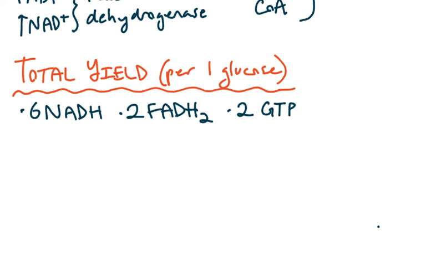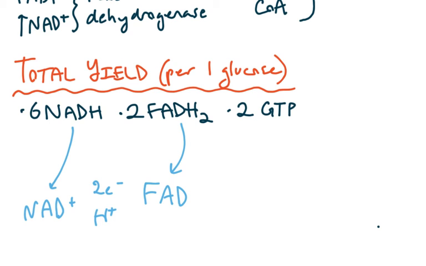With all these NADH and FADH2, they are going to go to the electron transport chain and eventually end up splitting back into NAD+ and some electrons and a proton. And same here, we're going to get the FAD and then some electrons.